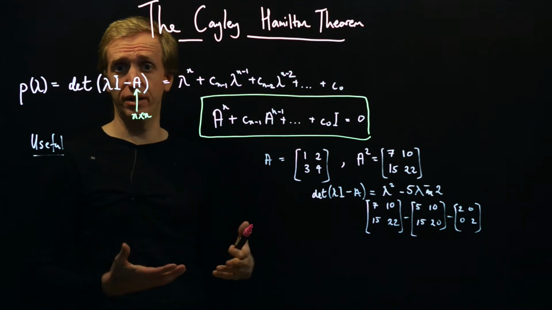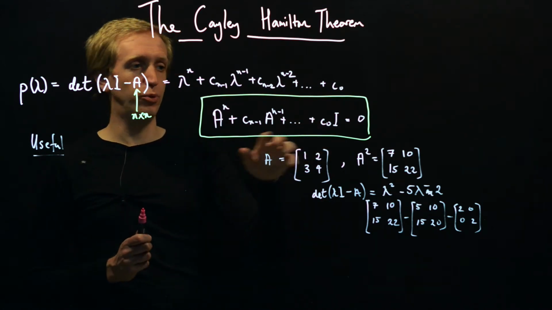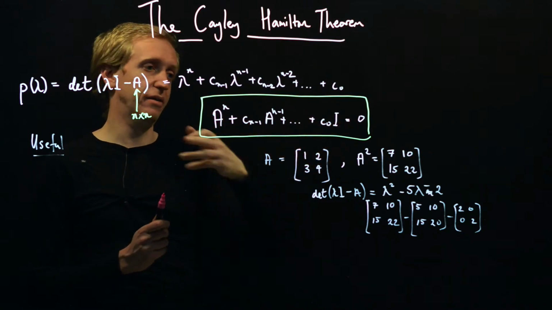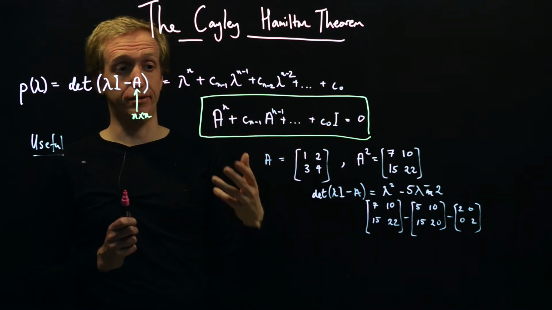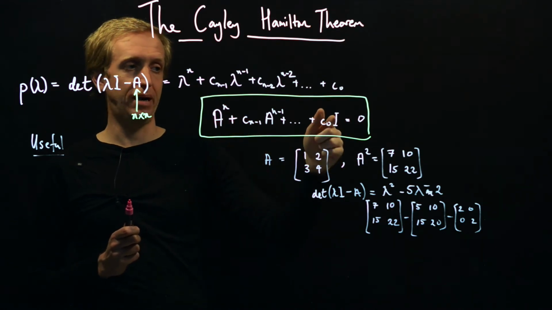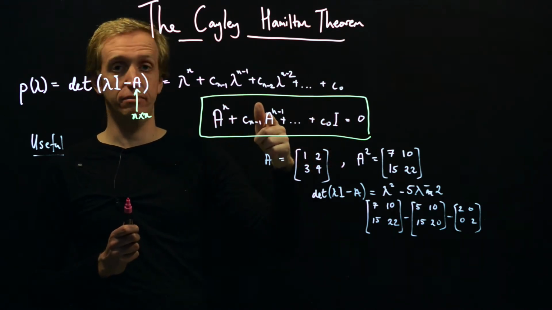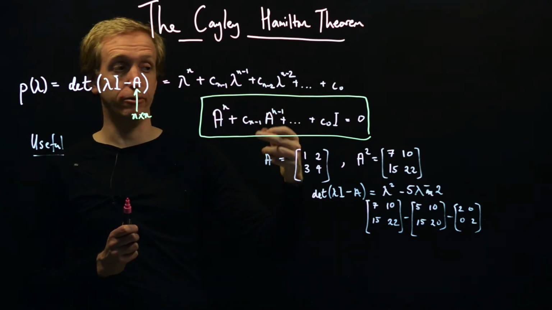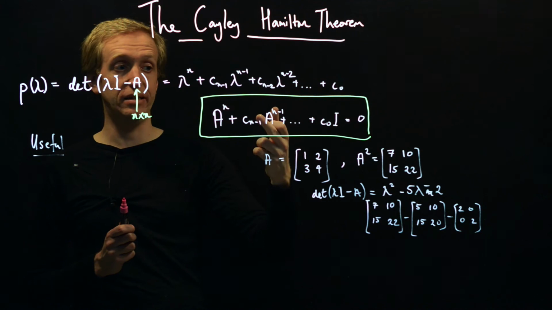And you can use this recursively. So we could equivalently multiply this whole thing by A, and the Cayley Hamilton theorem would show us how to write A to the n plus 1 in terms of powers of A to the 1 through to A to the n. But we know we can rewrite A to the n in terms of powers of A to the 0 through to A to the n minus 1.